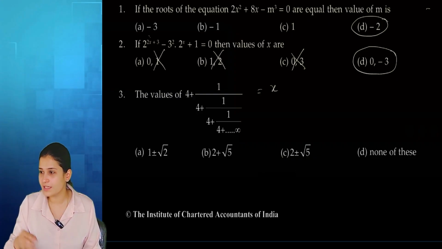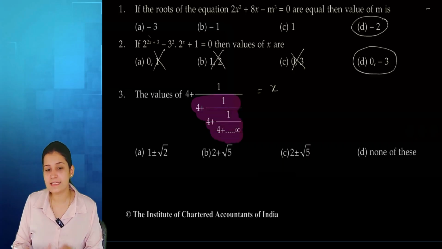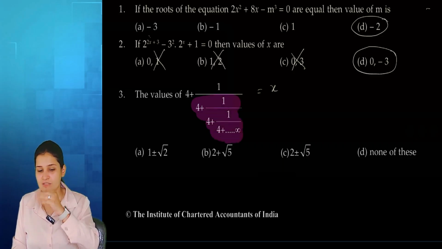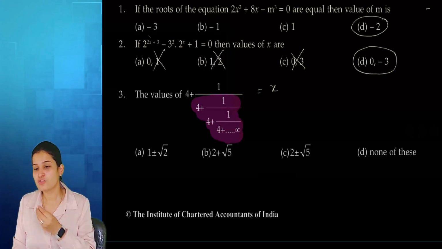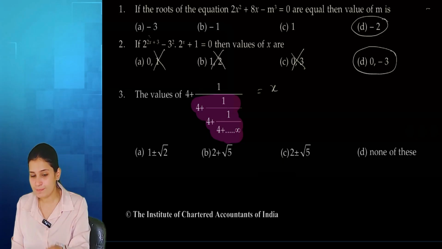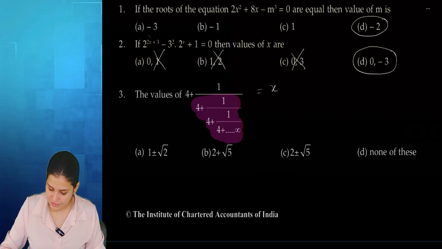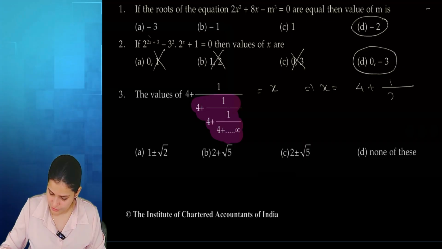So from here, if I remove one 4 plus, it won't matter. So let's remove this 4 plus. And from here, if we see, it's the same trend continuing. 4 plus 1 upon, 4 plus 1 upon. So from infinity, if I remove one 4 plus trend, it won't matter. So this pink color, the shaded one, is again an x. So from here, we have x equal 4 plus 1 upon x.